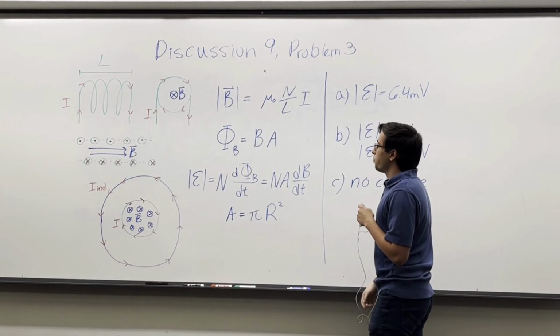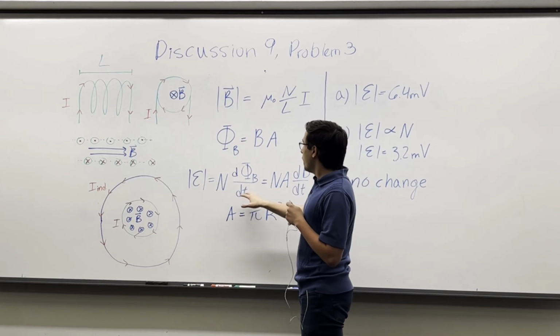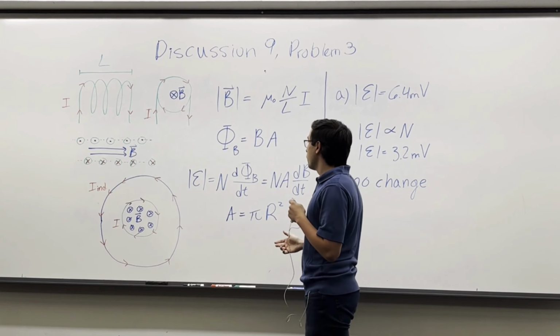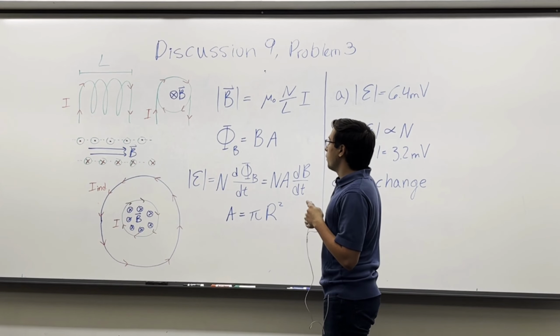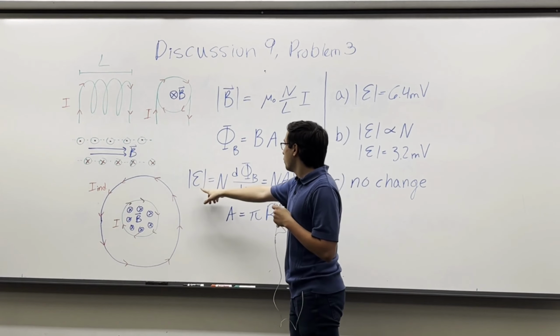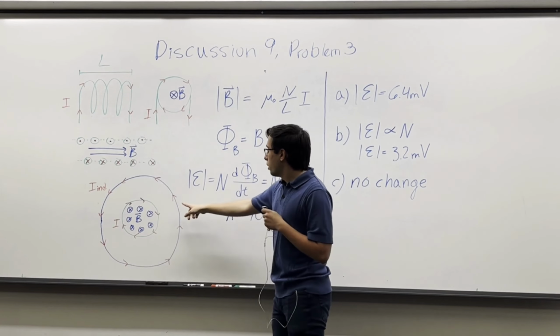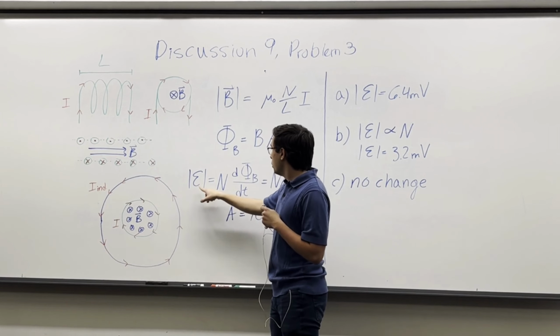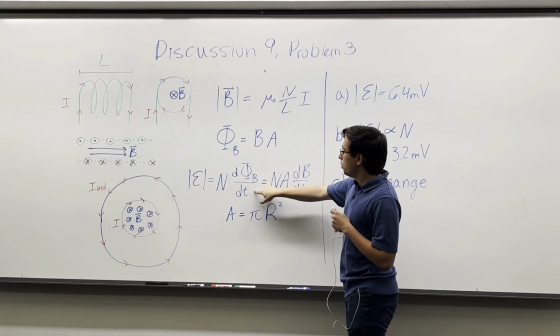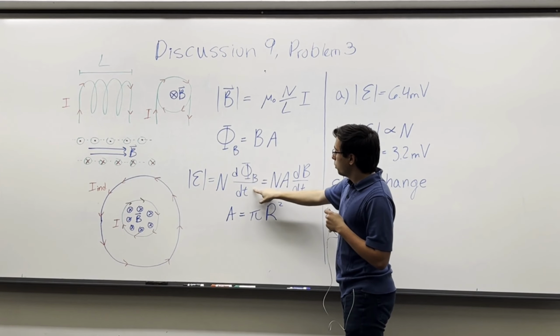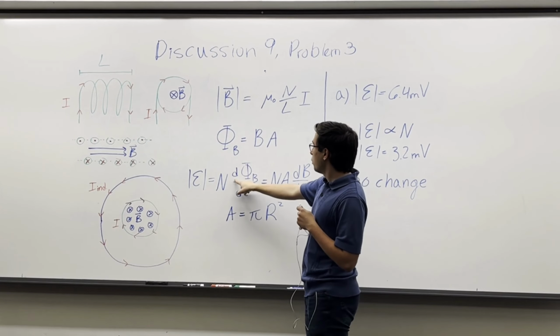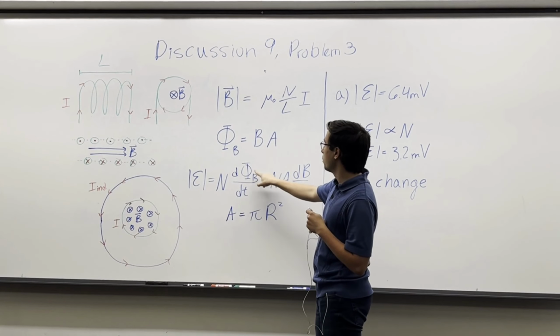And so that's what Faraday's law tells us. And for each loop that we have of wire, we induce a voltage which is equal to the change in time of magnetic flux.